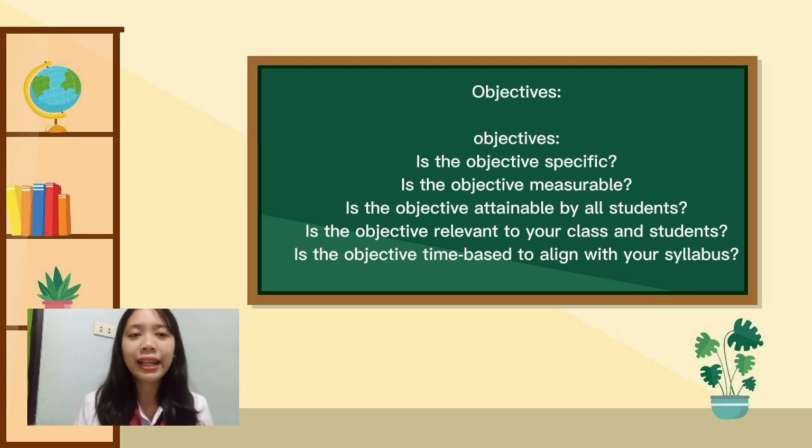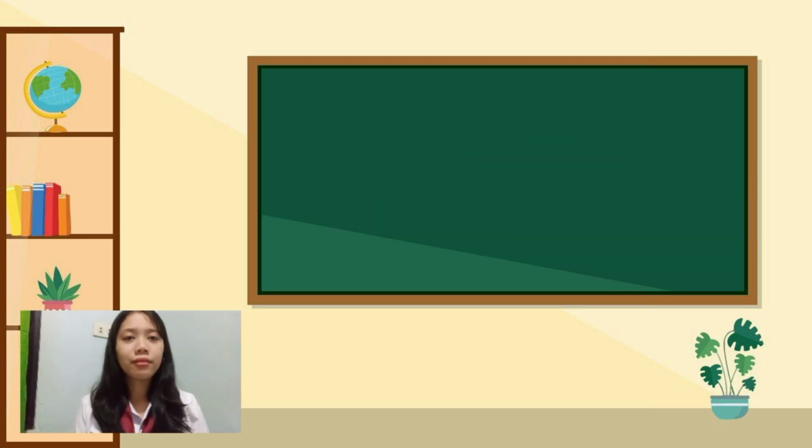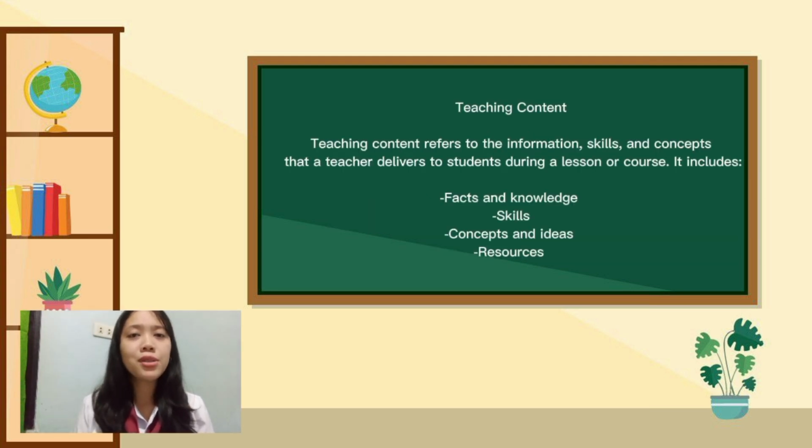Once you put your lesson objectives together, it's time to tie them in with the next part of your lesson plan, the related requirements. So now let's move on to the teaching content. It refers to the information, skills, and concepts that a teacher delivers to students during a lesson or course. It includes facts and knowledge, like historical dates and scientific theories. Another is the skills, such as writing, problem solving, or using a tool.